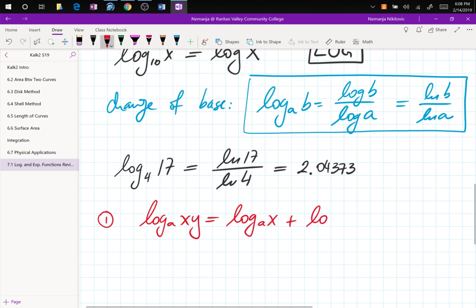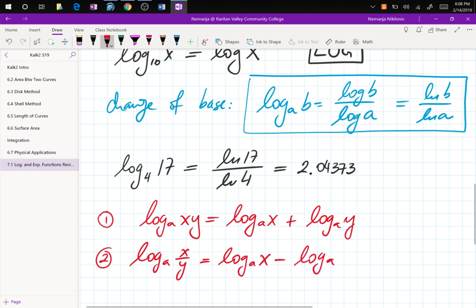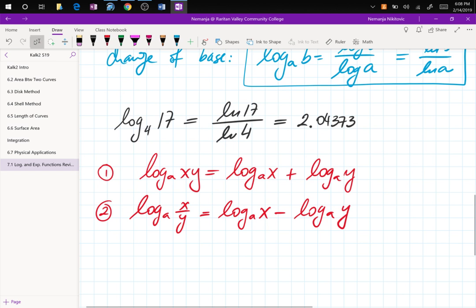Very good. Log_a x plus log_a y. Log_a of x over y is log_a x minus log_a y. And log_a of x to some power p is p log base A of x.